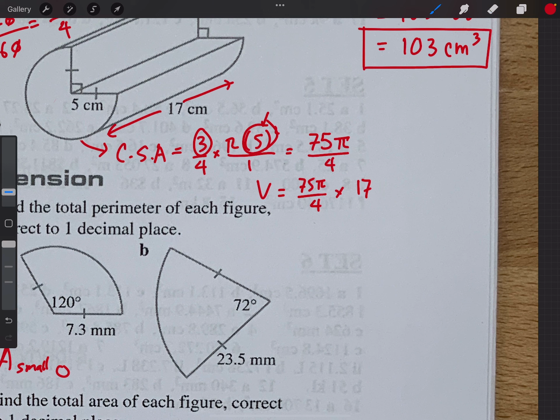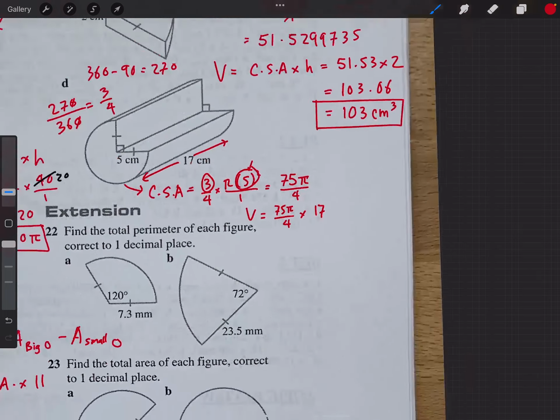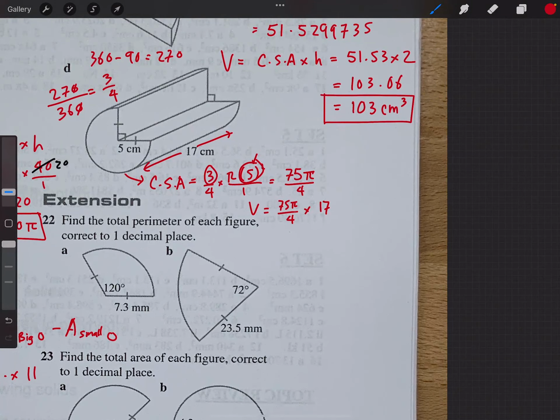Okay, so now this is 17 times 75, and then divided by 4. You're gonna get 318.75 pi. I left it in pi form, and that's the volume.